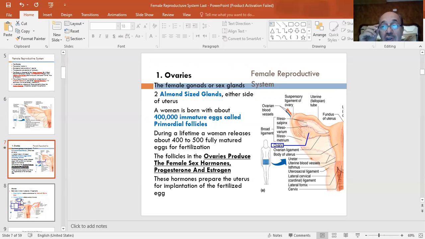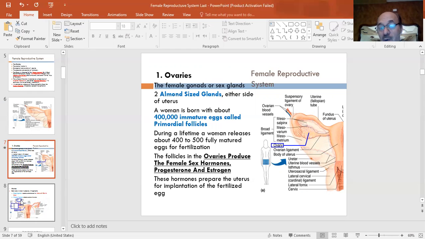And then the first meiotic division begins. After that, in the metaphase of the first meiotic division, there is an arrest, and the further development of these primordial follicles is stopped there. It remains dormant after birth until puberty.